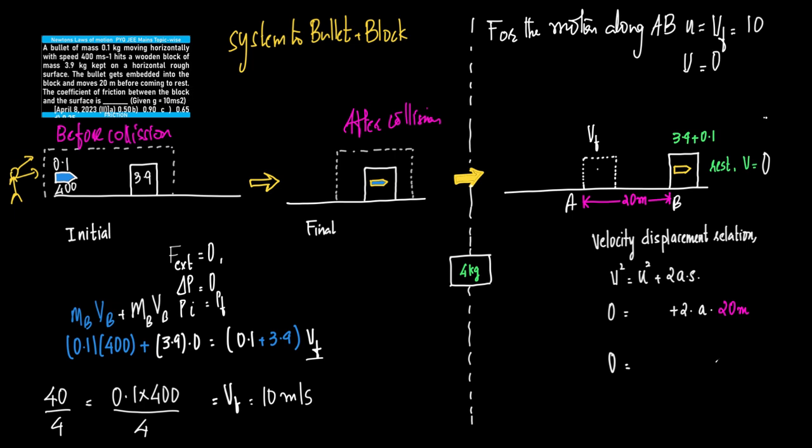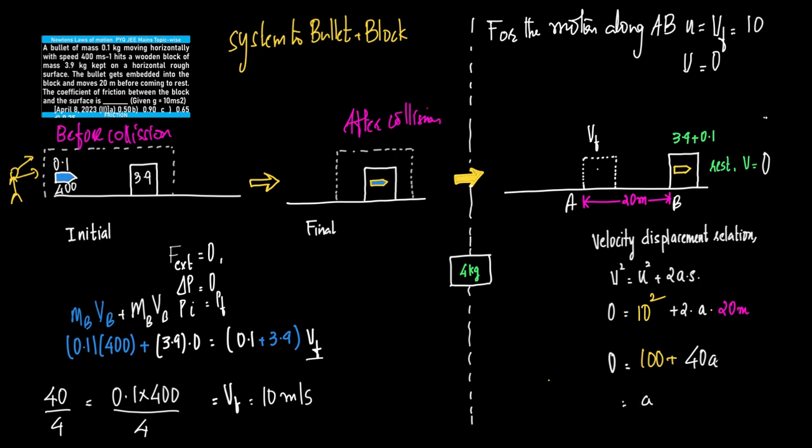And if we use the velocity displacement relationship, what we get is v square is equal to u square plus 2as, and v is equal to 0. So 0 is, what is u square? u square now here would be equal to 10 square plus 2as, and therefore we have 0 is equal to 100 plus 2 into a into 20, 20 into 2 is 40a.